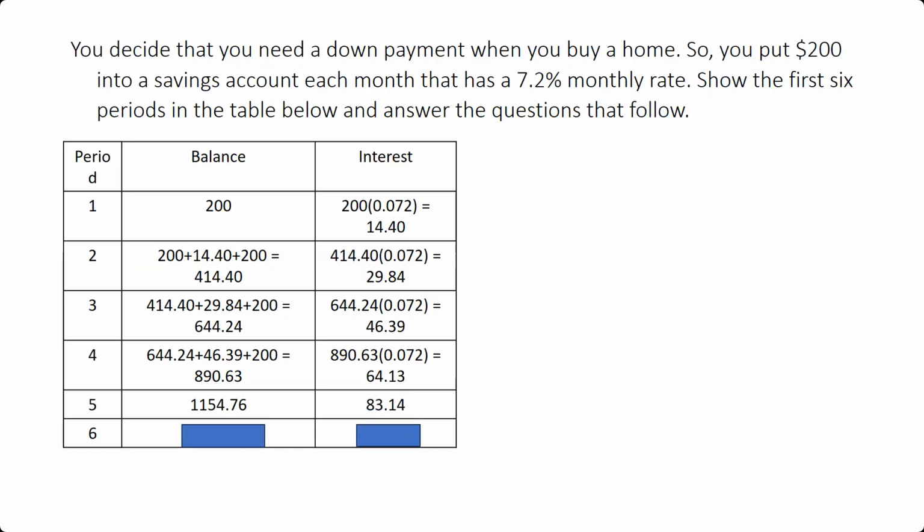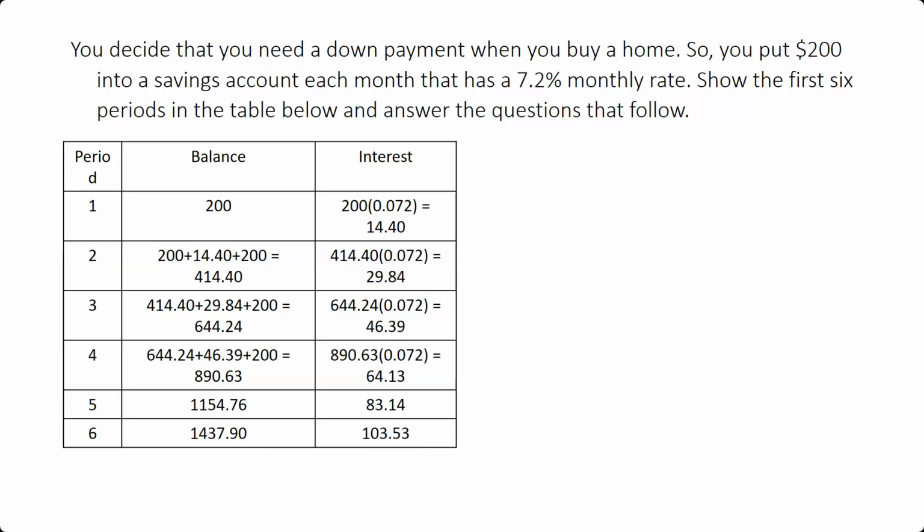Any questions? And then what's the balance in the 6th month? 1,437? Is that what you got? Yes. Okay.